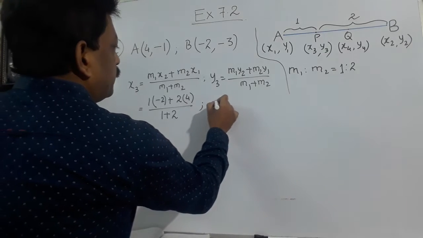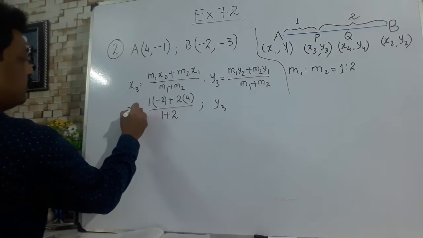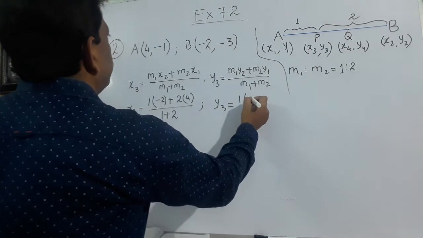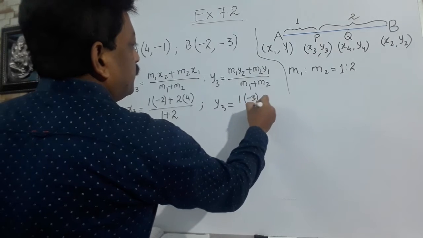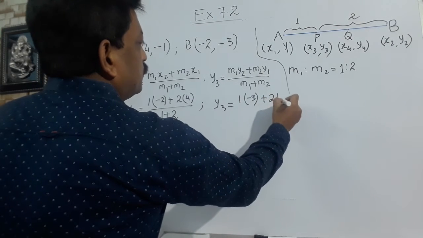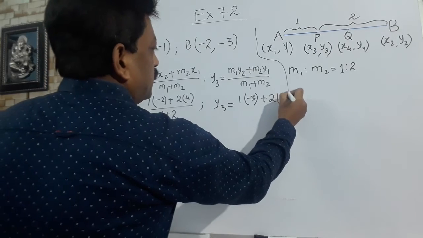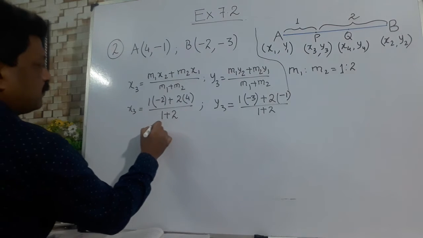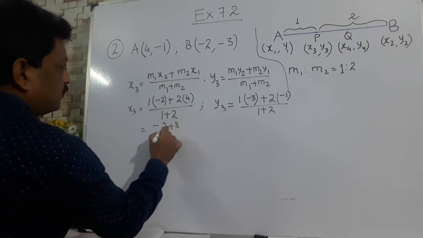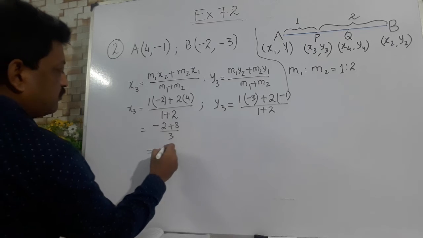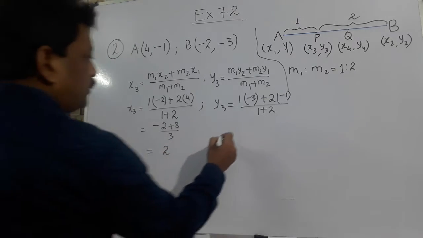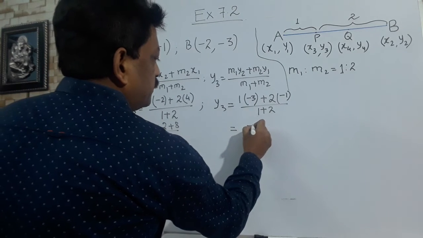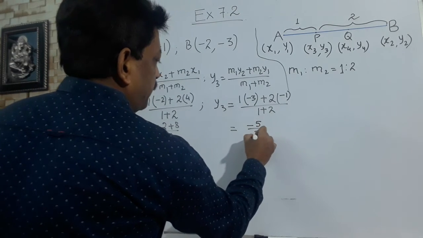Similarly, y3 equals 1, y2 is minus 3, M2 is 2, y1 is minus 1, upon 1 plus 2. So x3 is minus 2 plus 8 by 3, that is 6 by 3, so it is 2. And y3 is minus 3 and minus 2, that is minus 5 by 3.